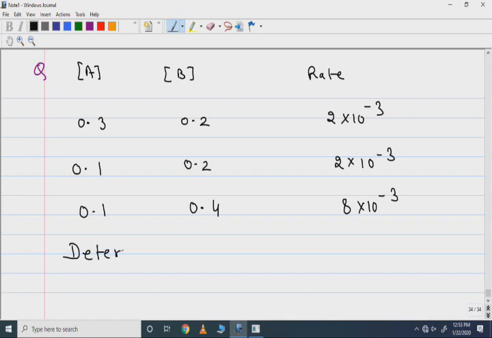Determine the overall order of reaction. Solve this.